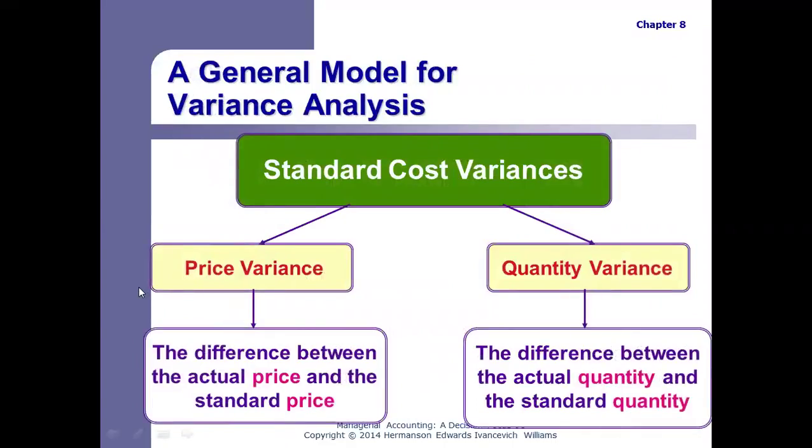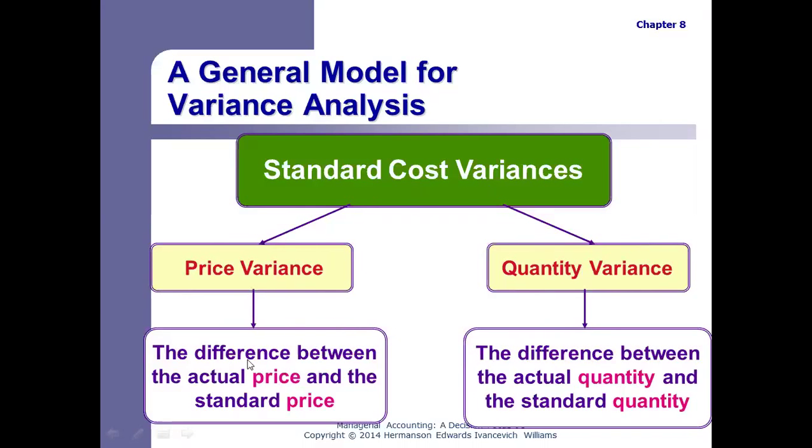Okay, so here's a general model for variance analysis. And again, remember, variance analysis is looking at what actually happened versus what you expected to happen based on the standards. There's 2 components of cost variance analysis: price variances and quantity variances. And so we'll see there's 2 different things that we analyze through cost variances, and the structure though is the same for both.